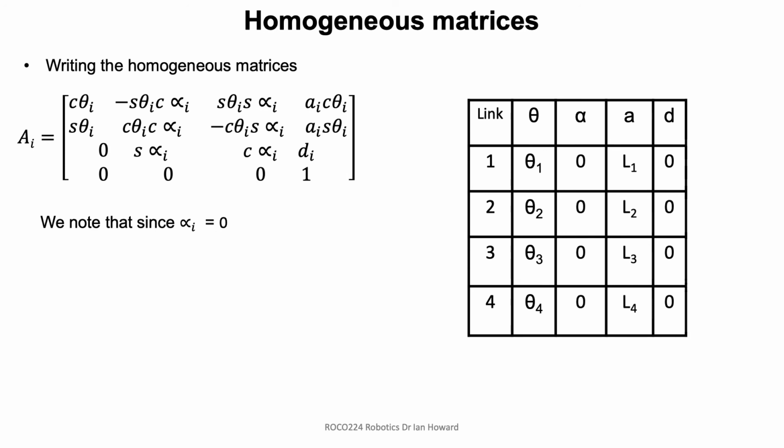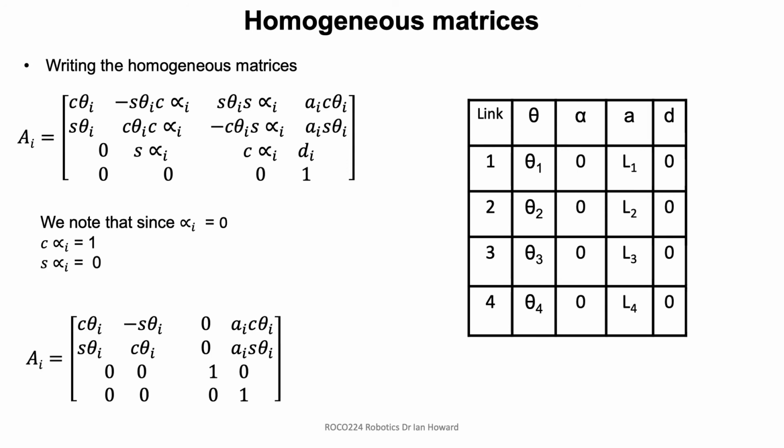In our particular case, because alpha is 0, we can put in cosine alpha as 1, sine alpha as 0, which simplifies it. All the cosine terms just go to 1, and the sine terms in alpha go to 0, so they reduce the values of things they're multiplied with or are on their way to 0. So it simplifies the matrix.